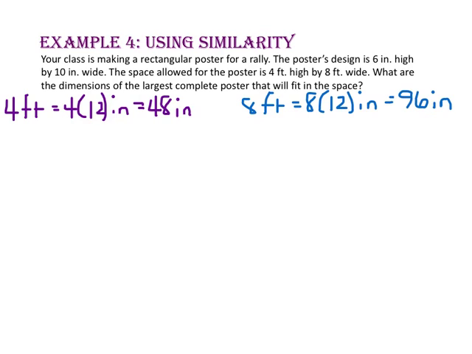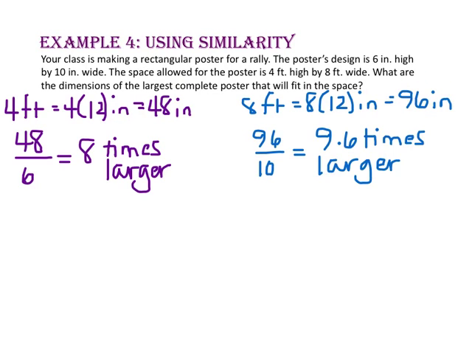Now let's see how many times bigger we can make our design by dividing the space where our poster can fit by the size of our design. At most, we can enlarge our poster 8 times. If we enlarged it 9.6 times, it would be too big to fit in our 48-inch height restriction.